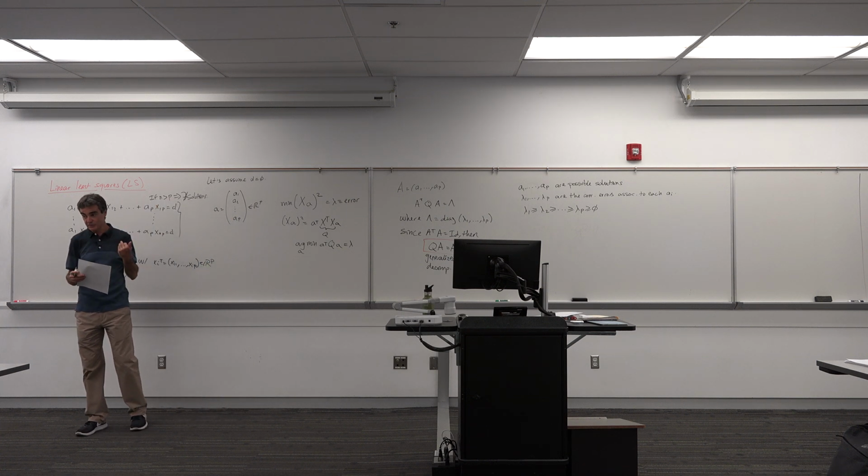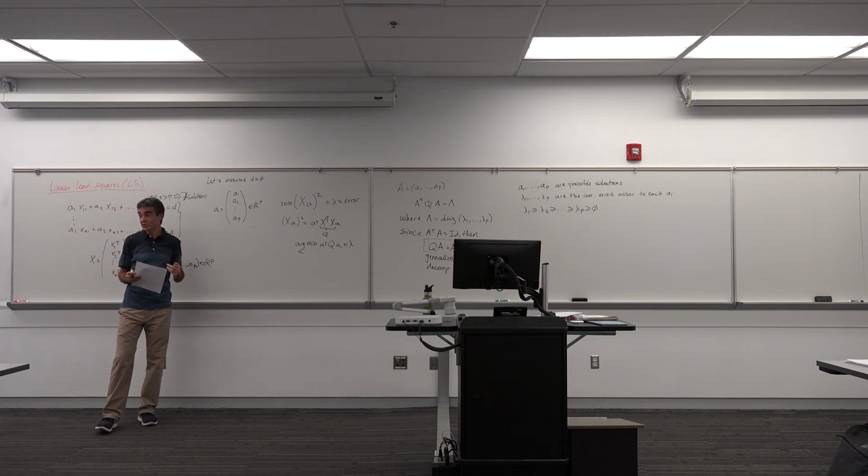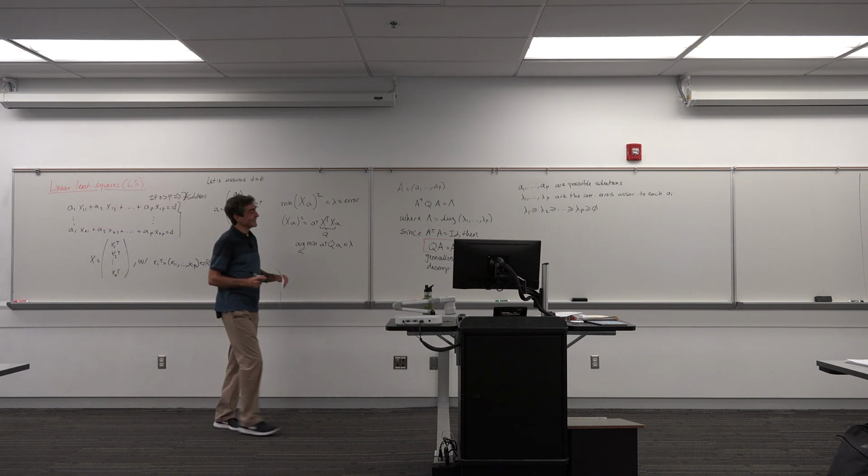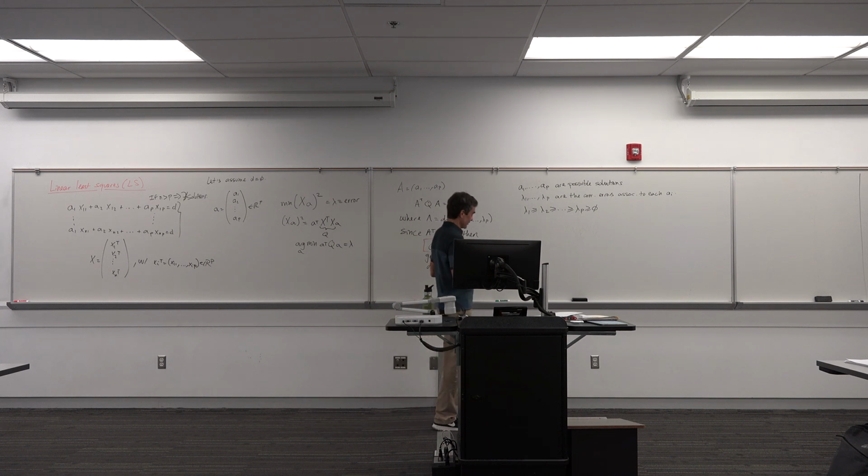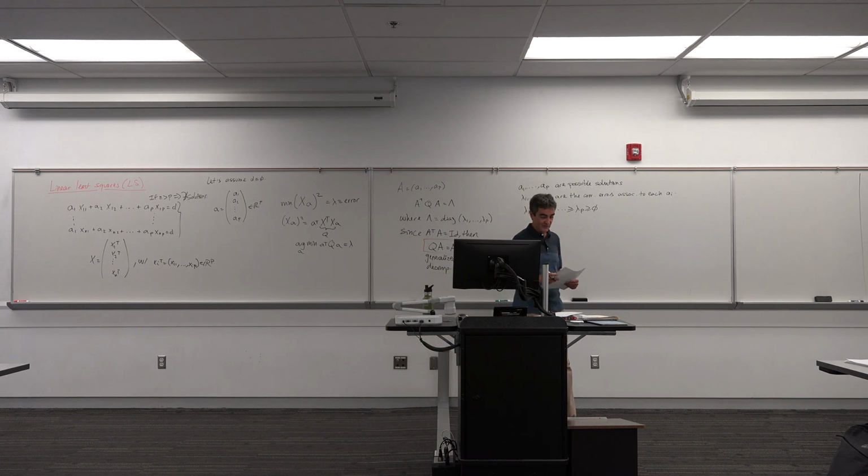So there are going to be solutions, actually infinite solutions probably, that are going to give me a 0 error. So we'll talk about how to solve all these different things. Okay.